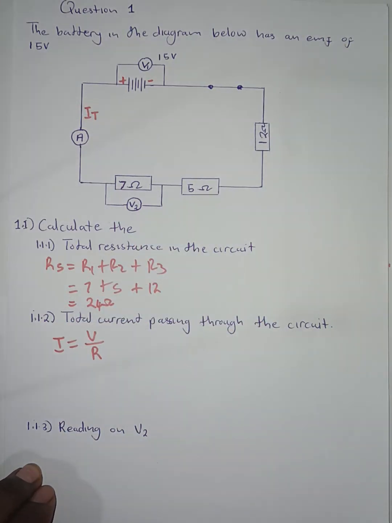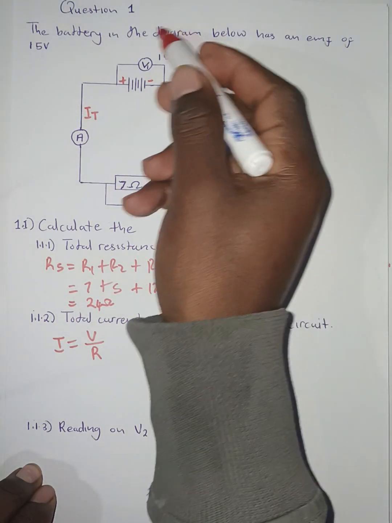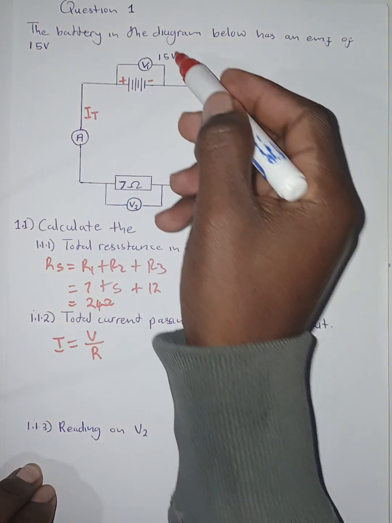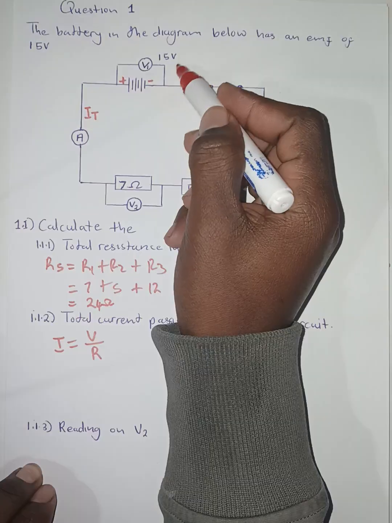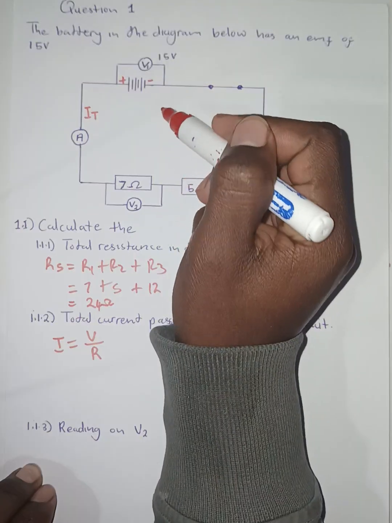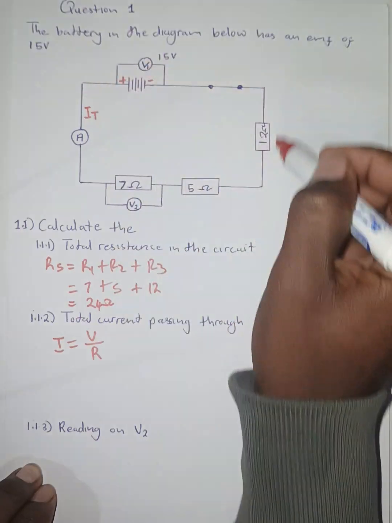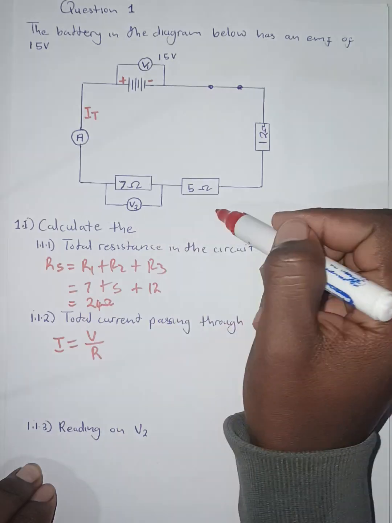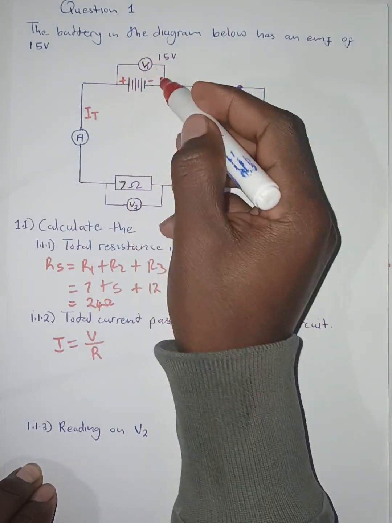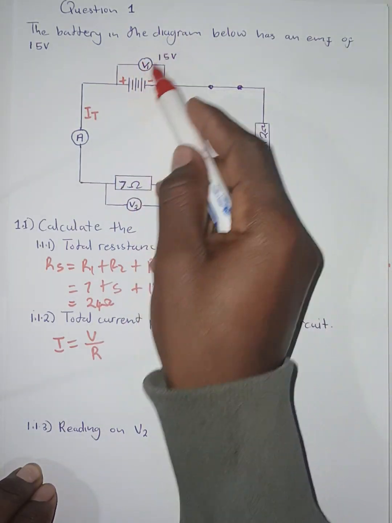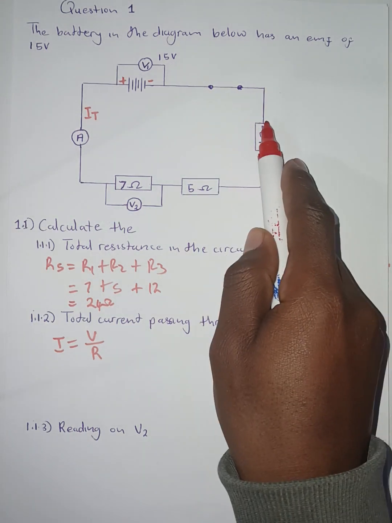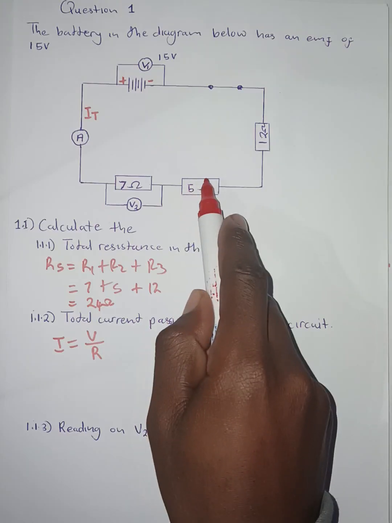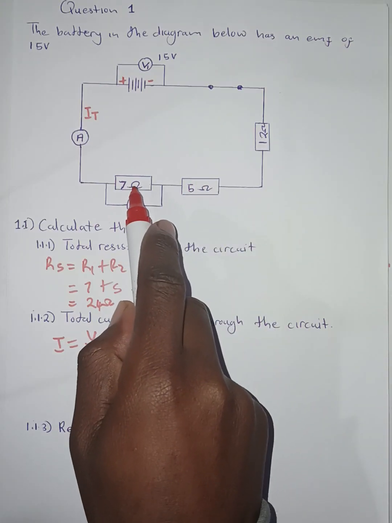What I'm going to do now, remember what I'm given there, if I check in my diagram, I'm given that 15 volts, right? But that 15 volts would be the voltage that is distributed to our external circuits. That voltmeter V1 would be reading the voltage that is distributed to that 12 ohm resistor, plus that 5 and that 7 ohm resistor.